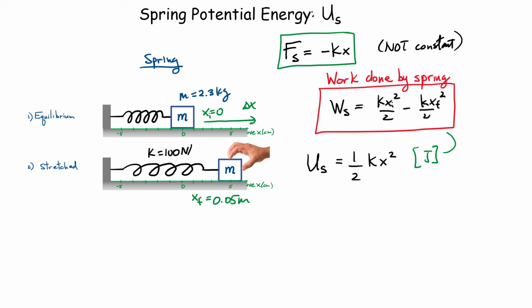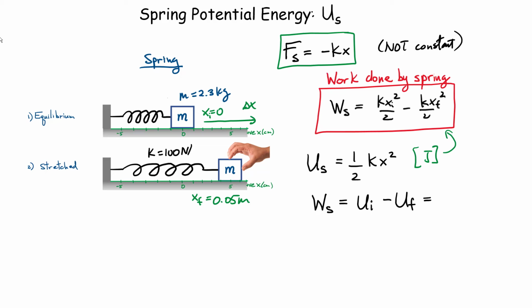Now, if I use that new definition of the potential energy of the spring, you could calculate the work done by the spring as being equal to, well, look at the first term. It looks like a potential energy term. I would call it the initial potential energy stored in the spring minus the final potential energy stored in the spring.